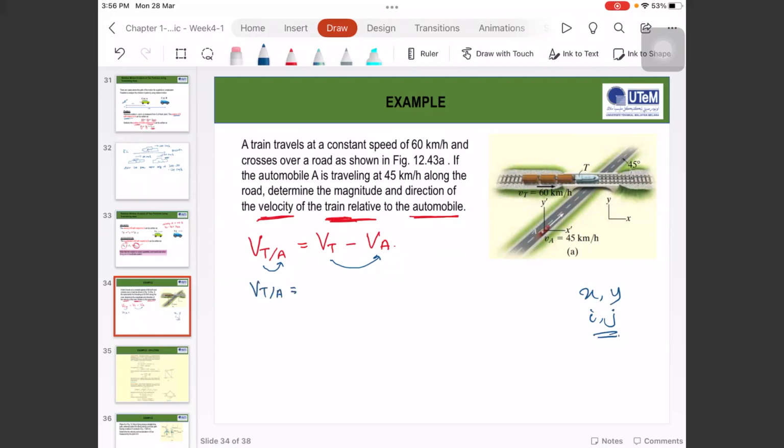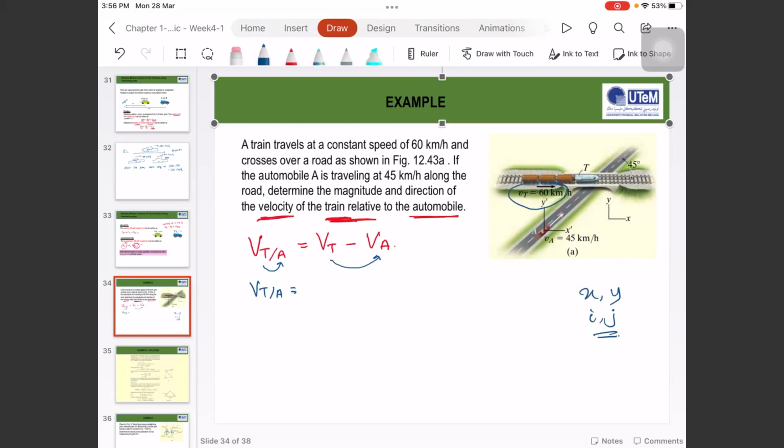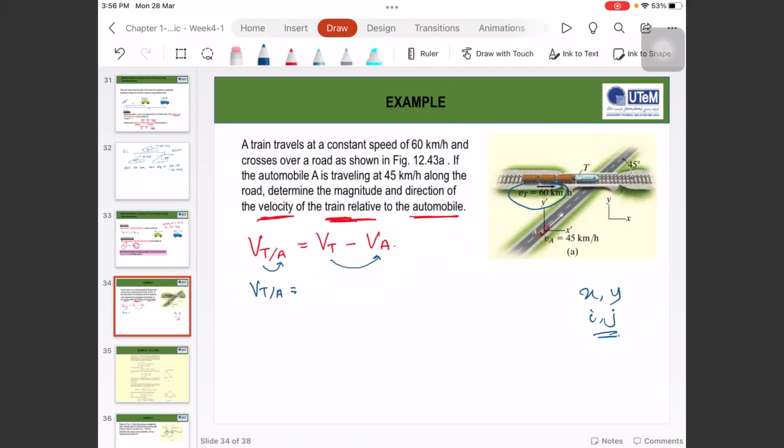So V slash A equals to, what is velocity for train? Ini 60 km per hour to the right. So you have 60 I minus VA. VA itu adalah automobile. Sini ada angle 45 degree.